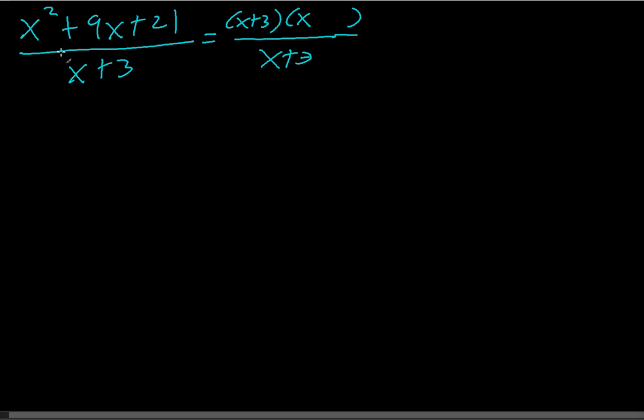This is a leading coefficient of 1 problem, so I need to find the factors of 21 which add to 9. The factors of 21 are 1 and 21. It's not even, so there's no 2. 3 and 7, 7 and 3, 21 and 1. And 7 and 3 add to 10. They don't add to 9.